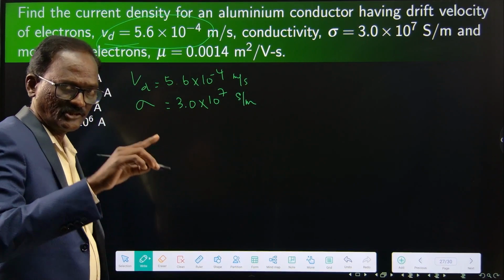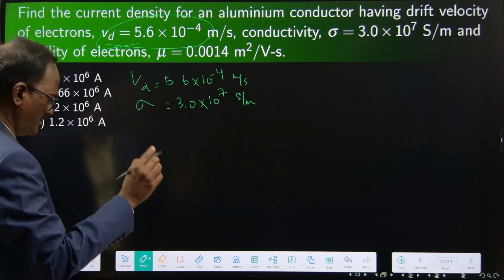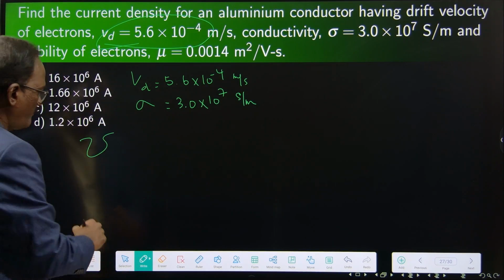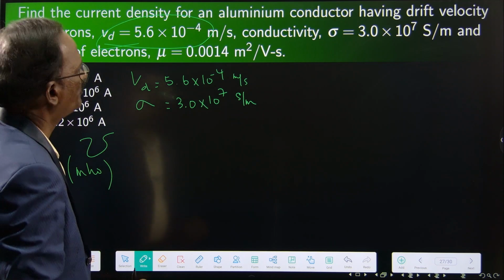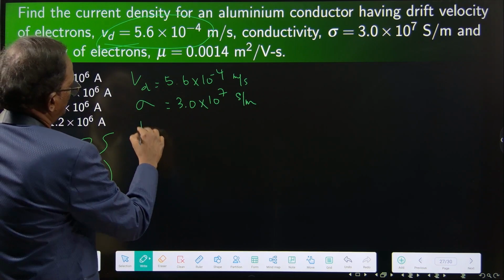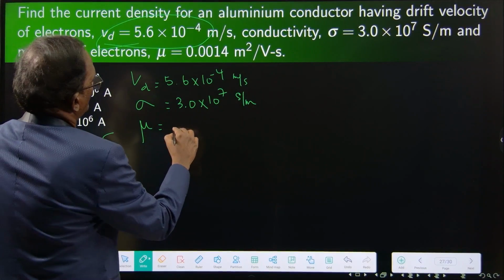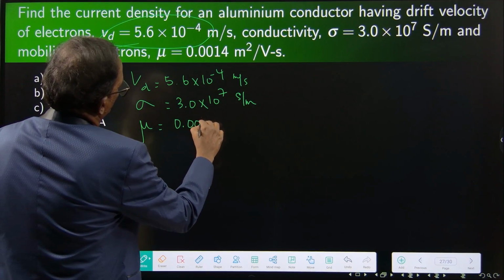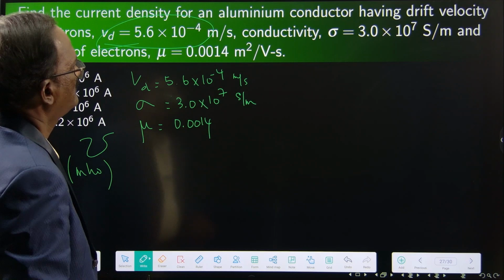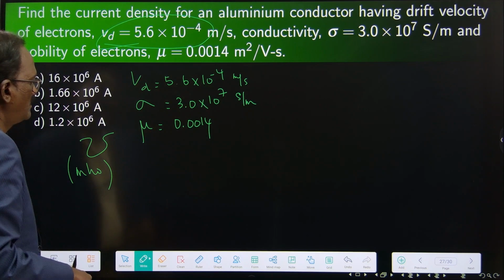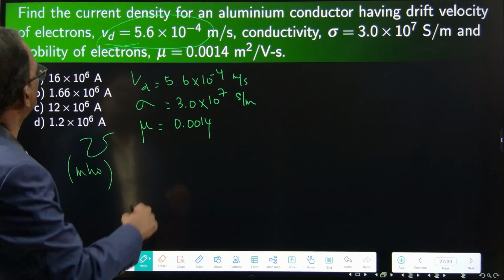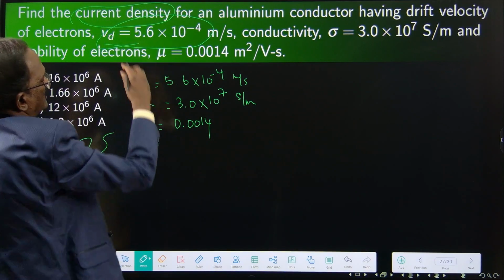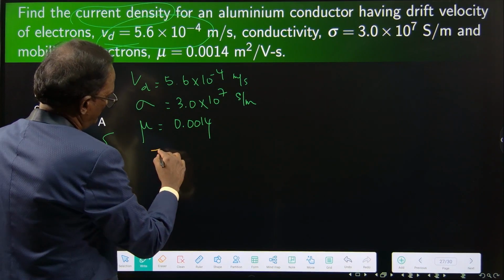The conductivity unit is mho per meter or Siemens per meter, not ohm. Mobility of electrons is 0.0014. The question is to find the current density. Current density we have to find.